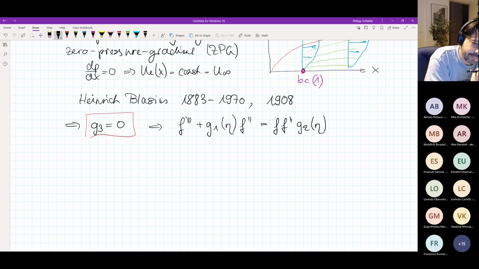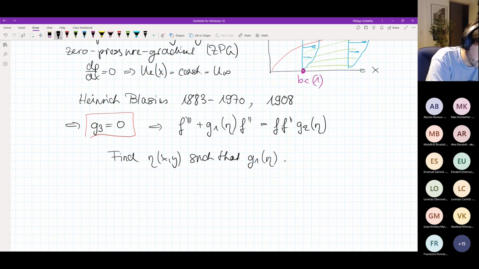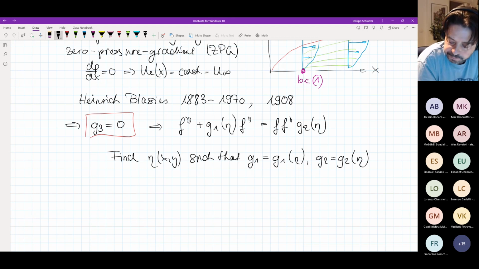But still, the first question for me is to find an eta of x and y such that G1 is G1 of eta and G2 is G2 of eta. So that's now my job.